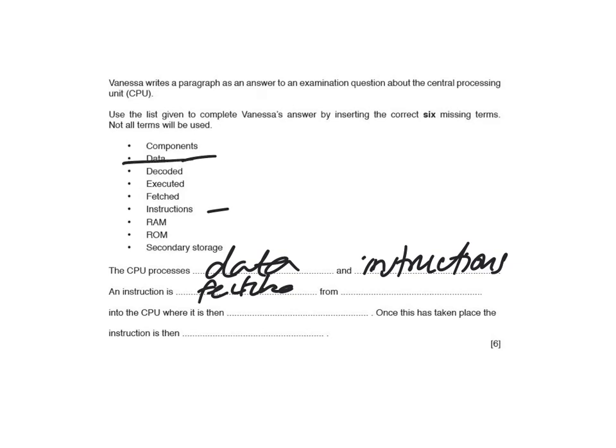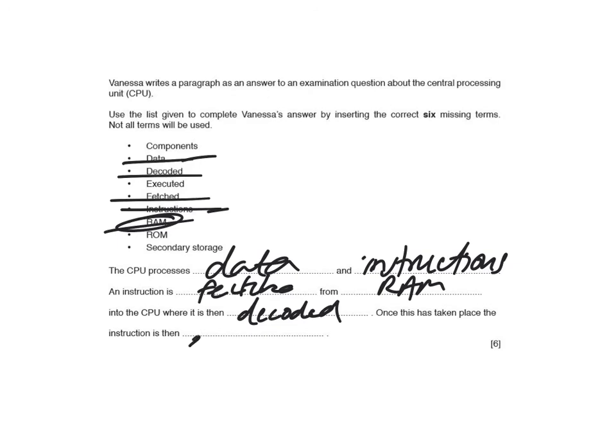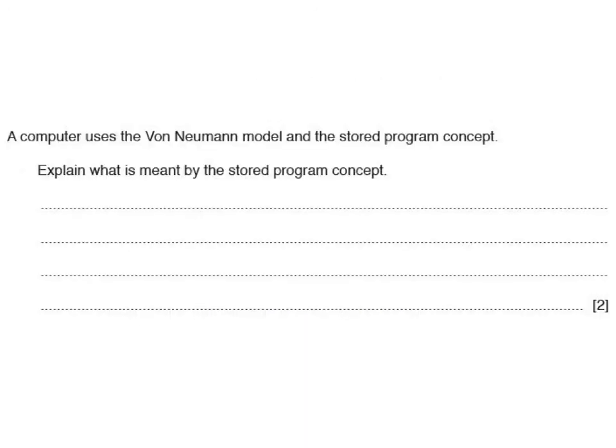Fetch data and instructions from RAM, not ROM, into the CPU, where it is then decoded. Once that has taken place, the instruction is then executed. Really bad handwriting there. The pen size is smaller for writing.